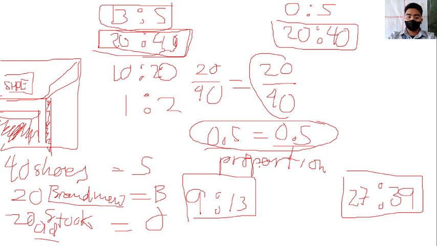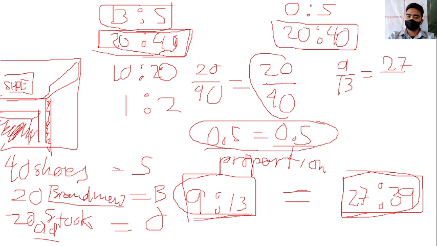They are both ratios, isn't it? This is a ratio, and this is a ratio. Now I will be asking you, are the two ratios proportion? You just write it down in fraction form: 9 over 13 and 27 over 39.